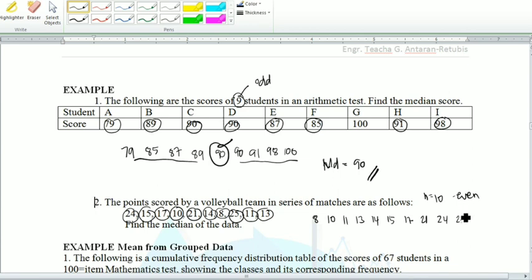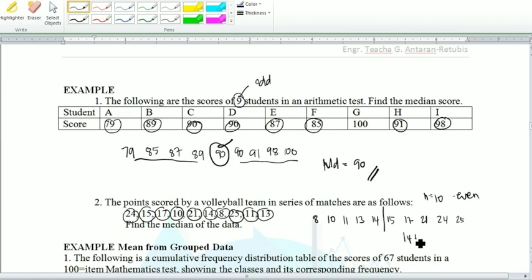So still, we will divide the data into 2. So 10 is 5. So we have to count 5. 1, 2, 3, 4, 5. And this is where here. So here lies your median. So what we will do to determine the median, we will simply add the two numbers within this middle.